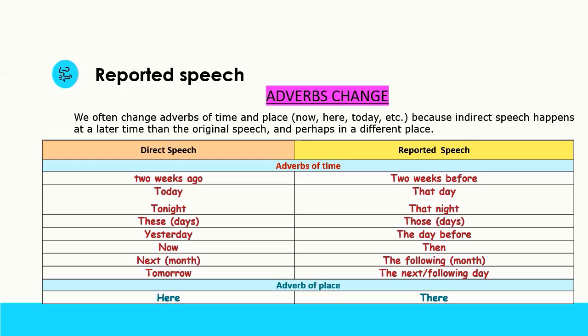In this table, you see the change that happens to adverbs of time. For example, 2 weeks ago changes to 2 weeks before, or yesterday changes to the day before, or now changes to then. And we don't forget the adverb of place. Here changes to there.